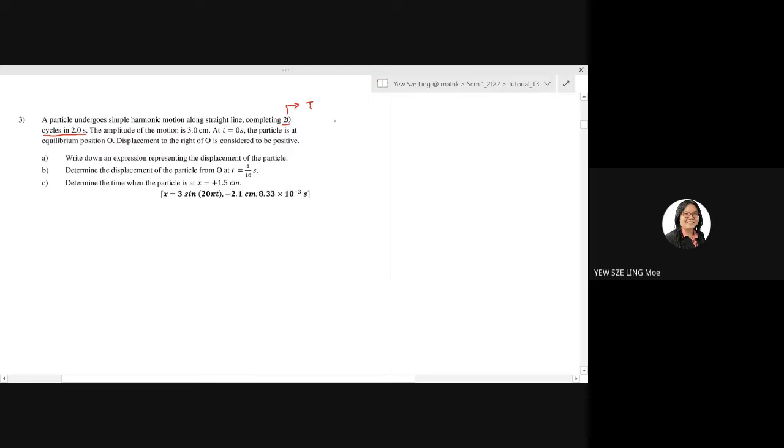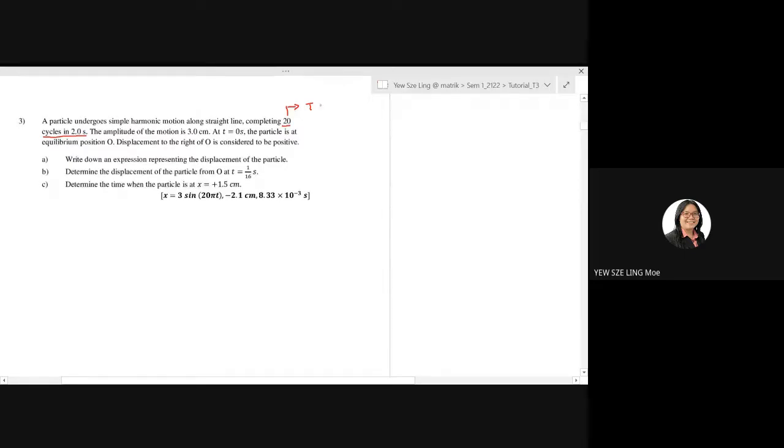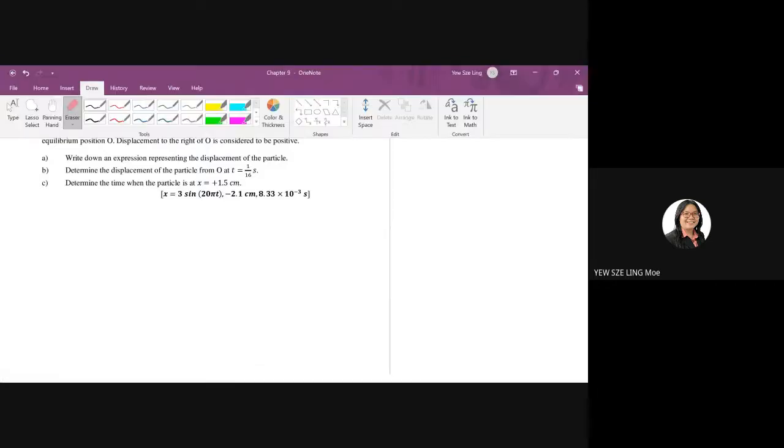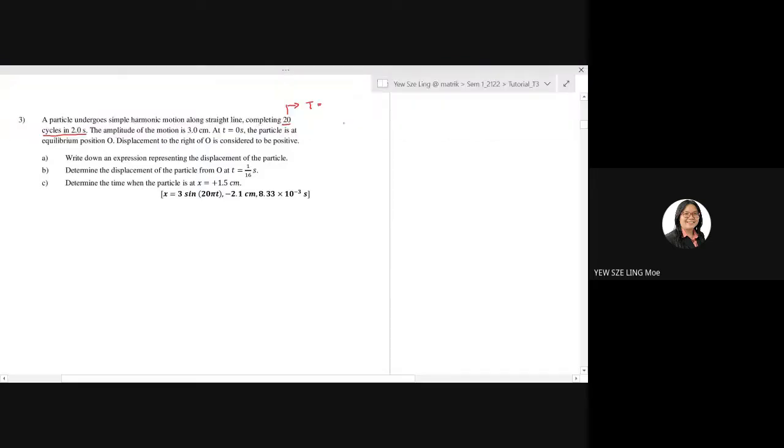So, 20 cycles in 2 seconds. Now you want to find the time per cycle.